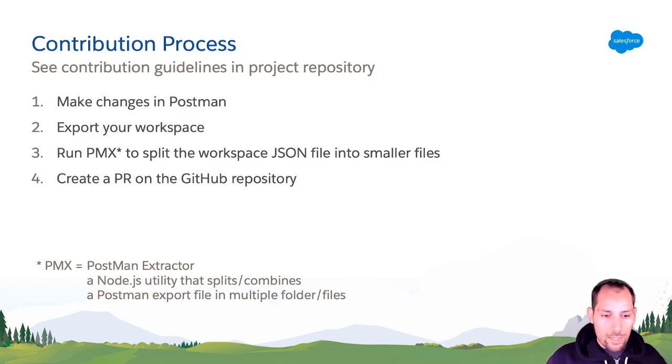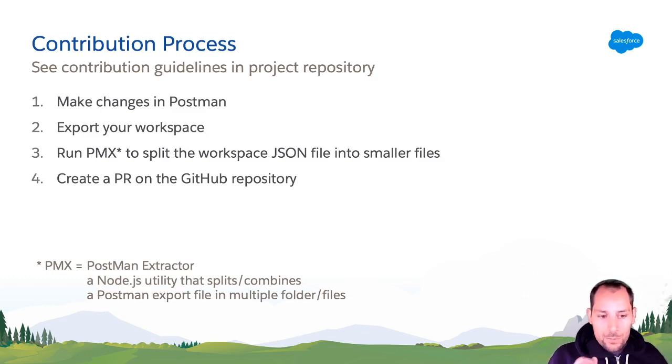PMX is a little script I wrote, which is built in Node.js, and what it does simply is it takes this large JSON file, which contains the entire workspace, so collections, header presets, and environment, and the requests.